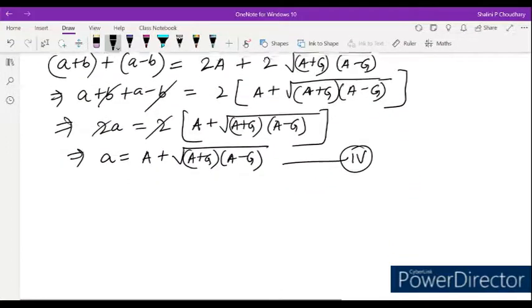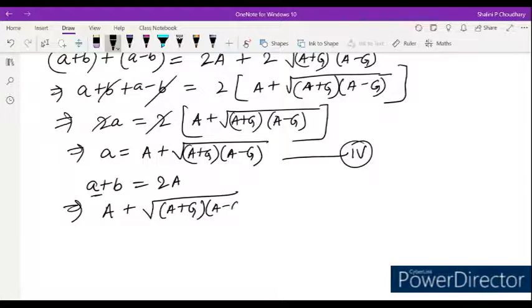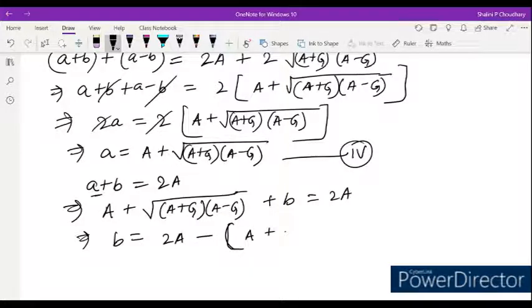Now by putting the value of a, when we put the value, a plus b is equal to 2A. Now we put the value of a, so A plus square root of (A plus G) into (A minus G) plus b is equal to 2A. Now b will be equal to 2A minus A plus square root of (A plus G) into (A minus G).